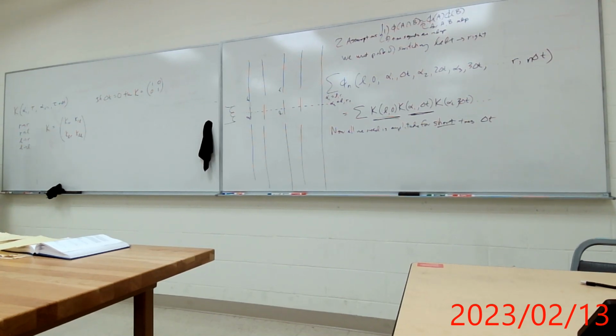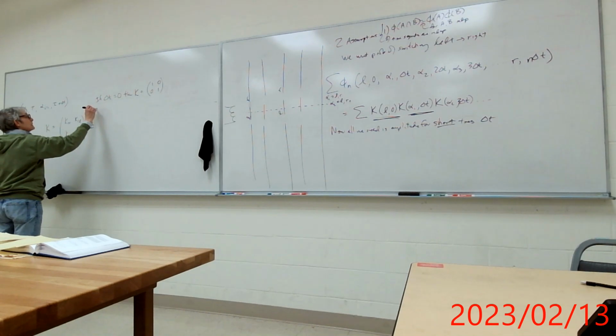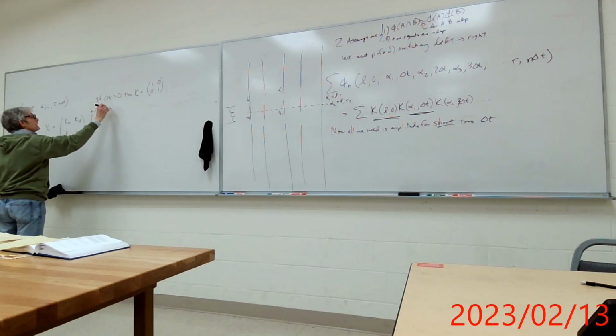But what we're going to do is expand this in a Taylor series. I knew this was coming. So I'm going to say that it's going to be the identity matrix plus delta t times some other matrix, to first order in delta t. So this is to 0th order in delta t, to first order in delta t.